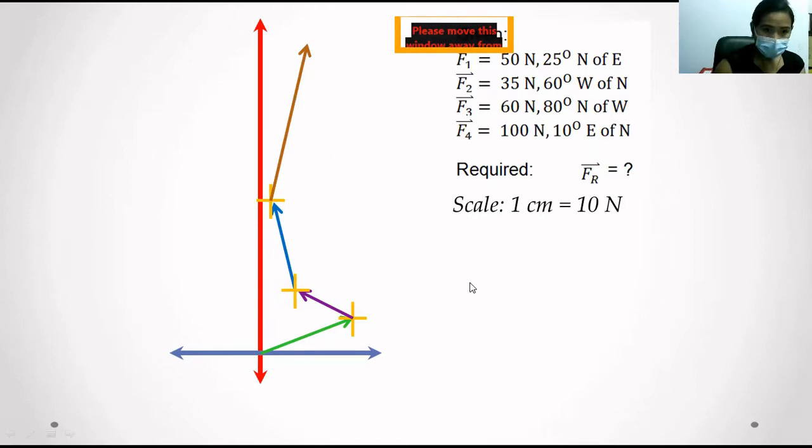And our resultant force is represented by this single broken red arrow drawn from the tail of our first arrow to the tip of our last vector arrow.